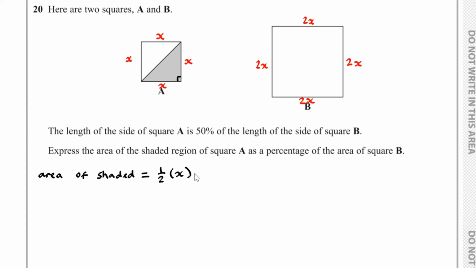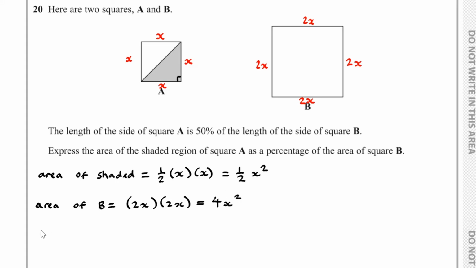So we have 1/2 times x times x, that's 1/2 x squared. And now the area of B, that's the area of the square. So here we have 2x multiplied by 2x, which is 4x squared.